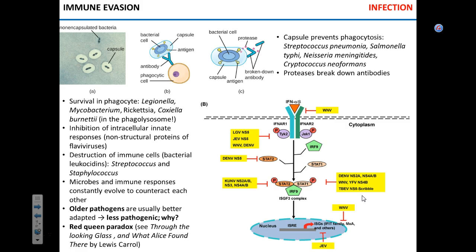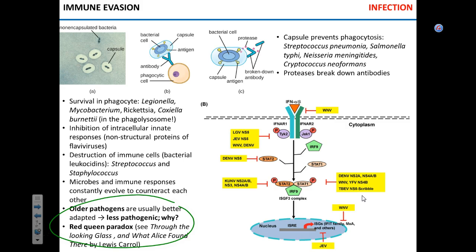The human immune system tries to get rid of microbes. Microbes try to evade the immune system. We'll get to the Red Queen, but let's see how they do it.